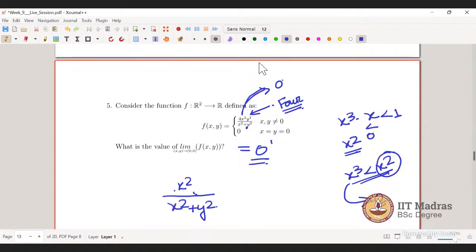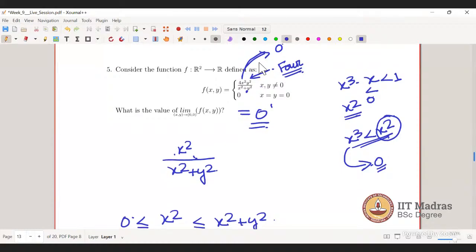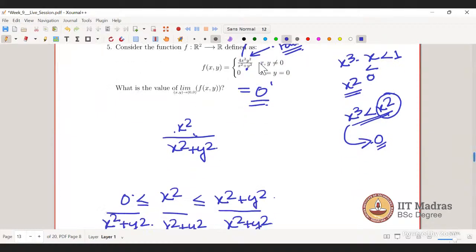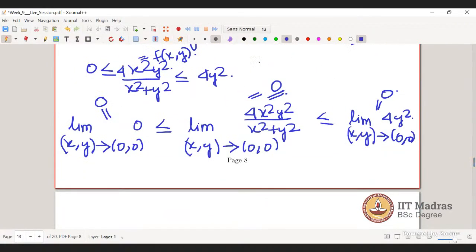Sir, here how to say that this is continuous at 0, 0? The only thing you have to check is whether the limit of this function matches the value of the function. The limit of the function is 0, and the value of the function at 0, 0 is 0. So it is continuous.